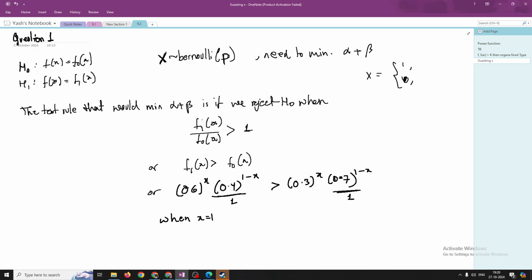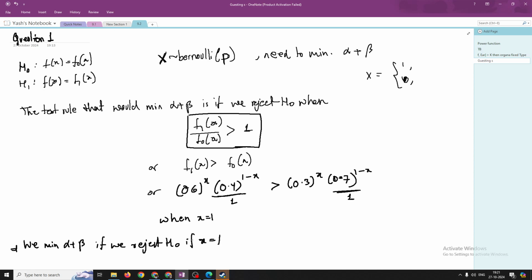So this implies that the condition will hold only when x is equal to 1. If x is equal to 0, the opposite is going to happen. We don't want the opposite, we want this. What does that mean? It means we minimize alpha plus beta, where alpha is my type 1 error and beta is my type 2 error, if we reject h0 when x is equal to 1.